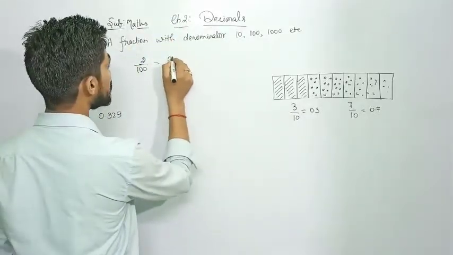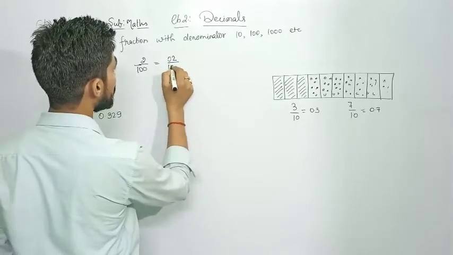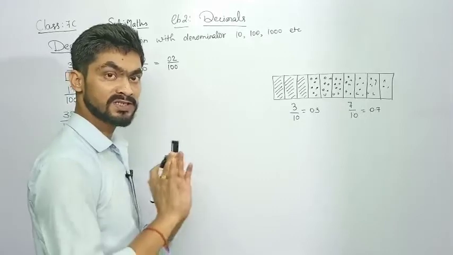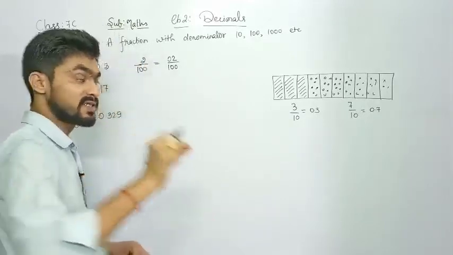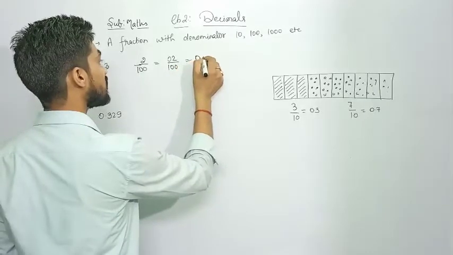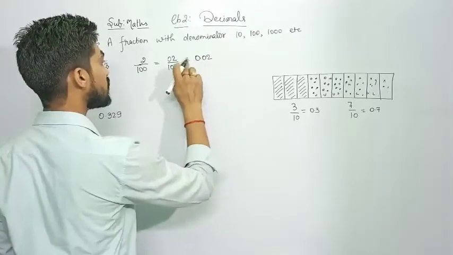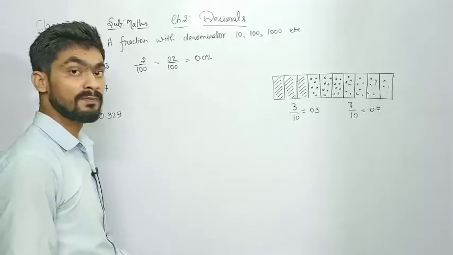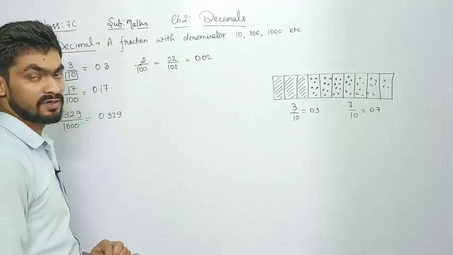You can write 02 by 100, because 0 written to the left of a number has no significance. But here we have 2 zeros, so we need 2 digits. So 0.02 will be the equivalent decimal number of 2 by 100.